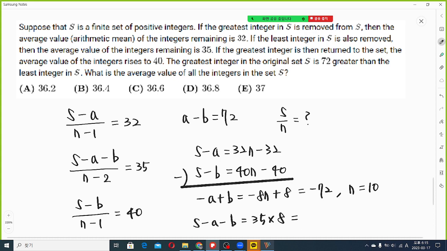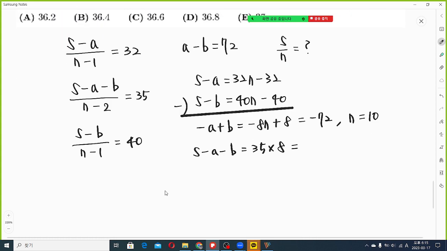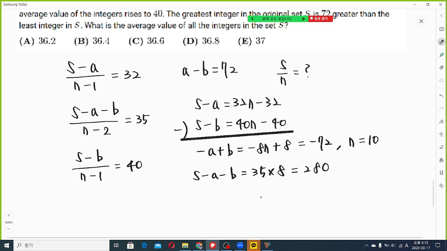What is 35 times 8? 280. You're right. But still, let's use the first equation.